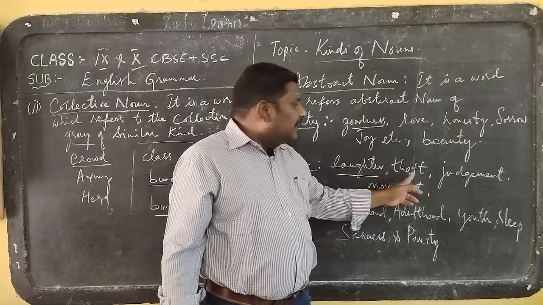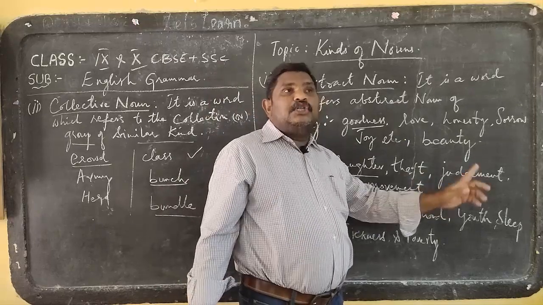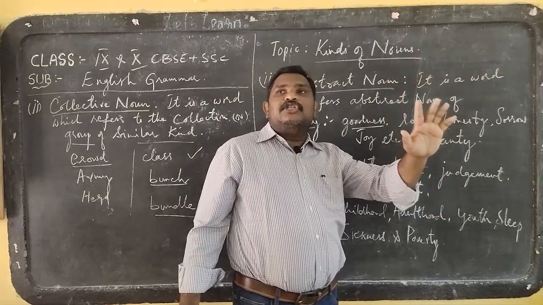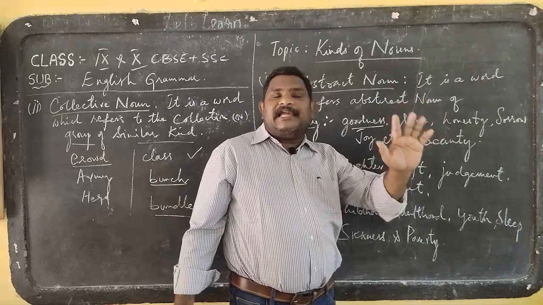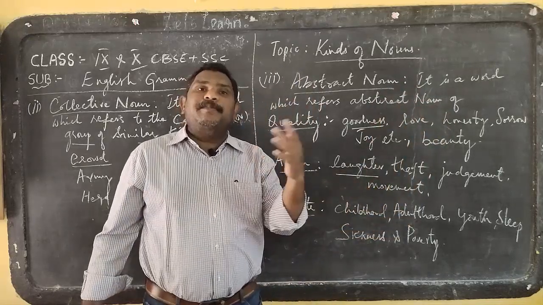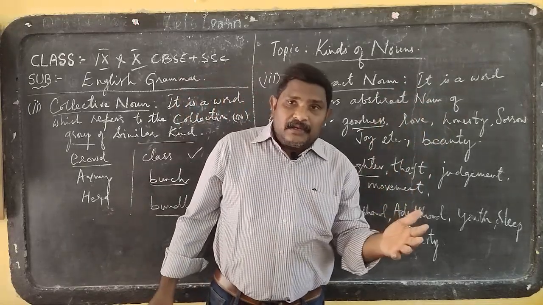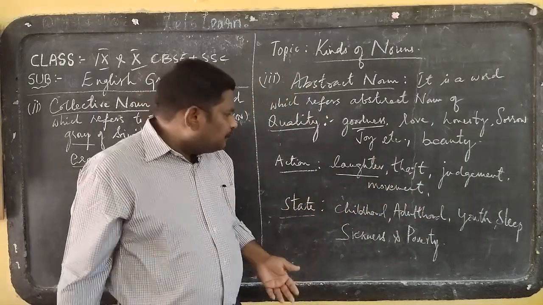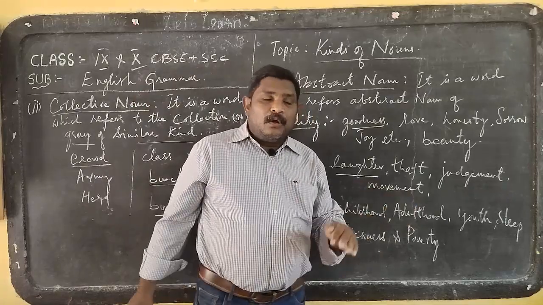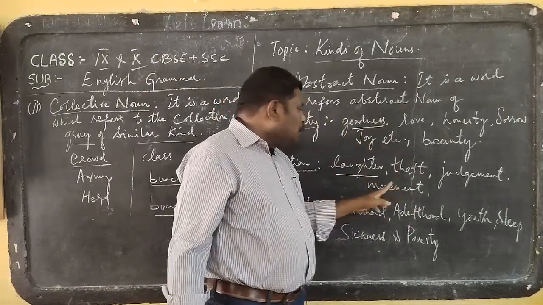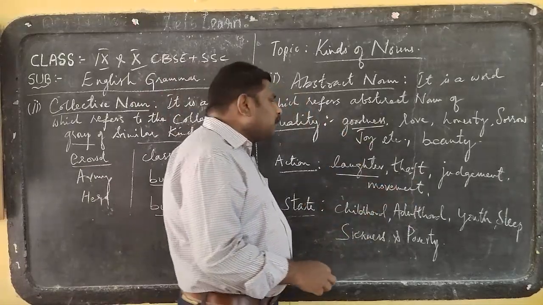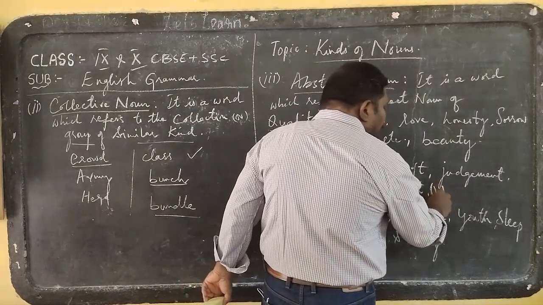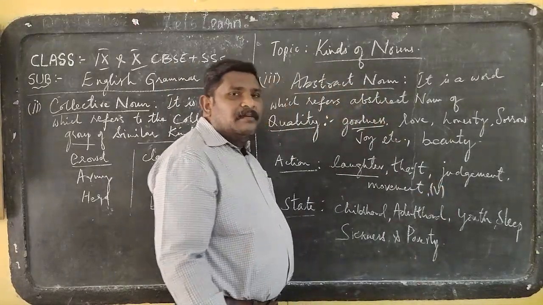It is an action. Then judgment. The judgment given by the Supreme Court is correct. How does the judgment look like? It is a kind of action. Judgment is an action. Then movement. Movement can be used as a verb.